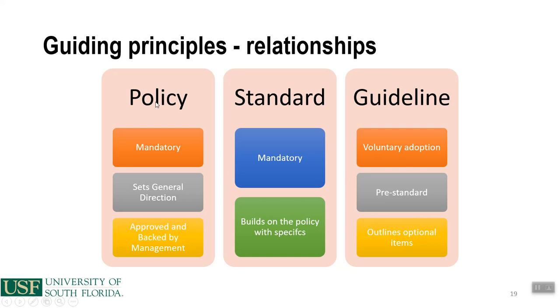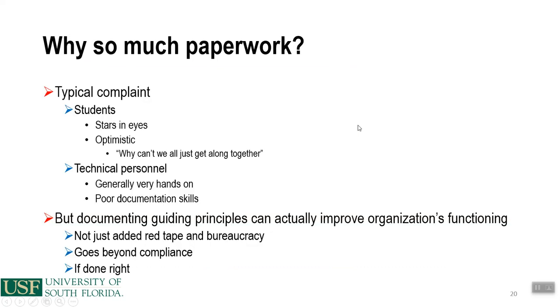The policies are mandatory. They set the general direction, and they're approved and backed by management. The standard is also mandatory, but it's not general. It builds on what the policy has with specifics. And the guidelines, you can think about it, are voluntary adoption, pre-standard, so before they even get to the standard level, and they outline the optional items that are not directly listed within the standard.